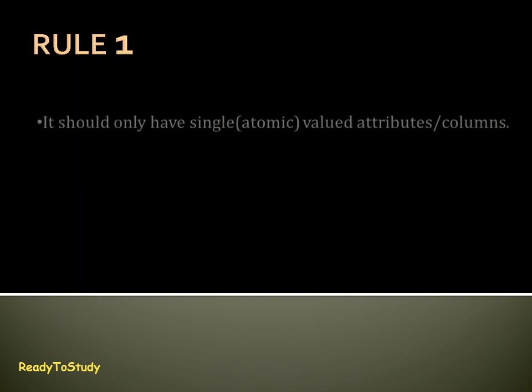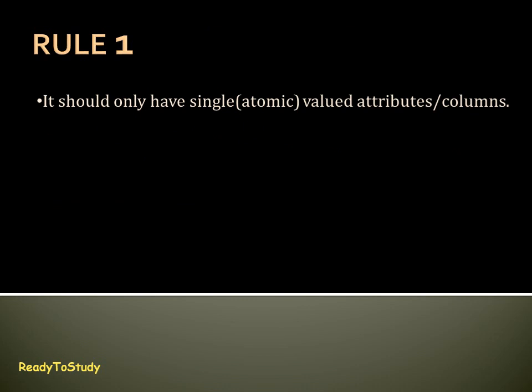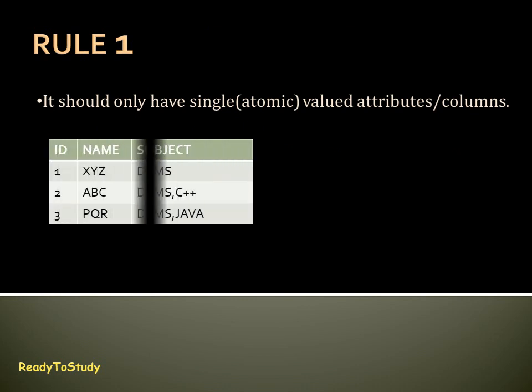Rule 1. It should only have a single atomic valued attribute or column. What is meant by a single valued or atomic attribute? Now there is one table. In that table there are 3 columns: ID, name, subject. In the first record, ID is 1, name is XYZ, and the subject name is DBMS.